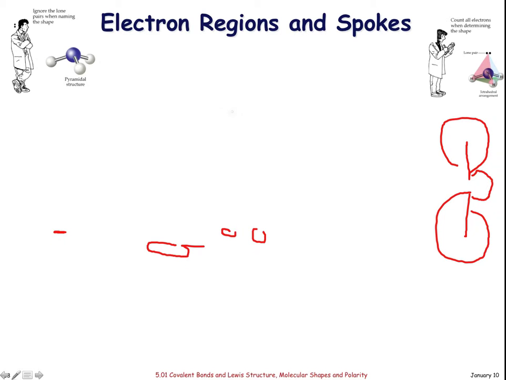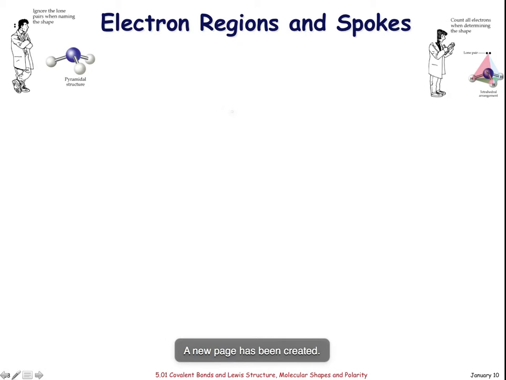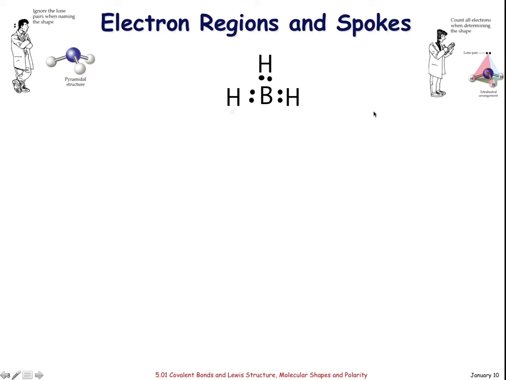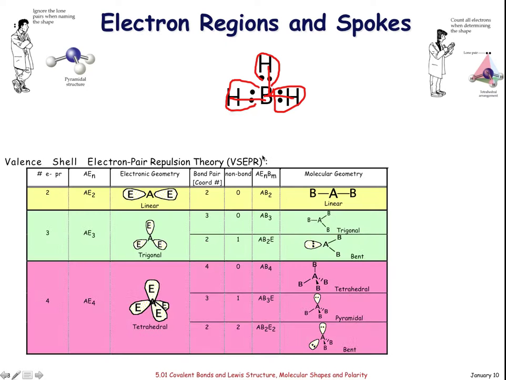Let's take a look at another example here. Let's take a look at BH3. BH3 has three regions, and at the end of each region there's a bonded atom. You guessed it. This should be a trigonal electronic geometry, and then three bonded atoms, zero lone pairs. It's trigonal molecular geometry as well.